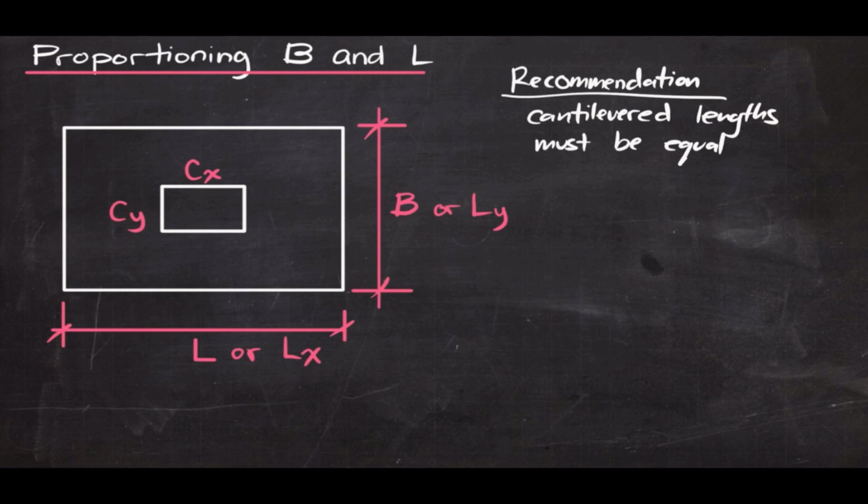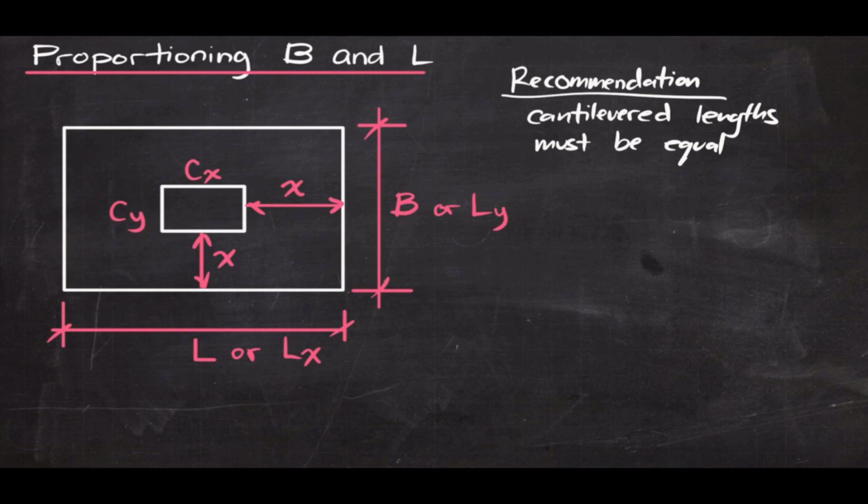And what do I mean by this cantilevered lengths? This is the distance from the face of the column to the edge of the footing. These distances, let's label it as x, should be equal. So since they are equal, they must be both equal to x. So let's solve for the relationships.